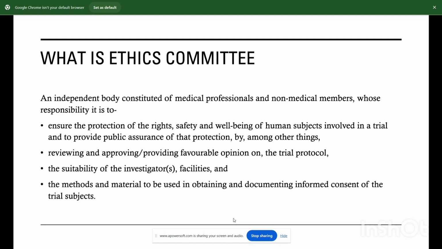The next responsibility is to review and approve, or provide a favorable opinion about, the study.